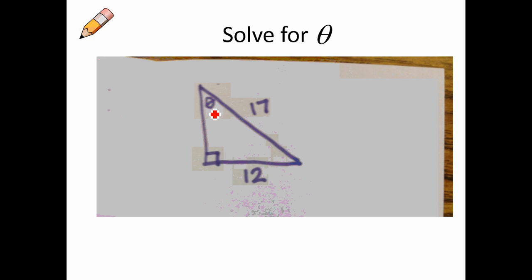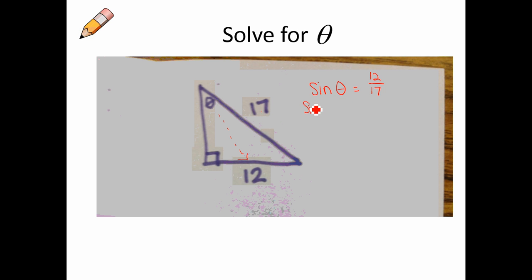So we're standing at this theta trying to solve for it, and we have the side opposite and we have the hypotenuse. Opposite and hypotenuse are both in the ratio for sine. So I would set up sine of theta equals opposite over hypotenuse. And then I would say, how can I isolate the theta? How can I get the theta alone?